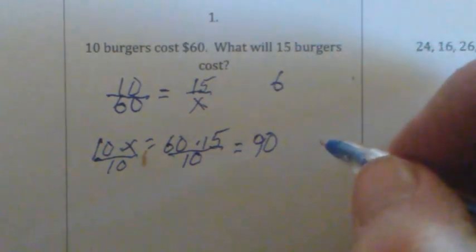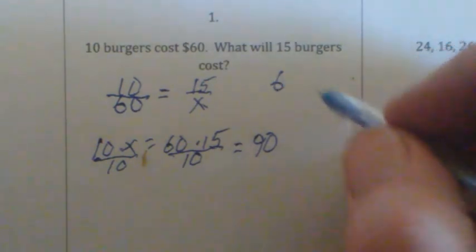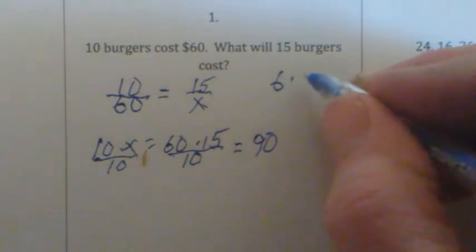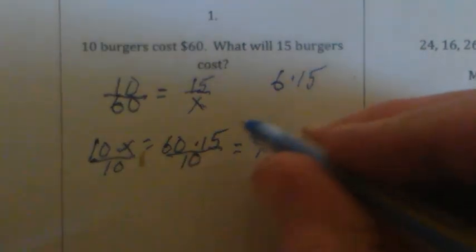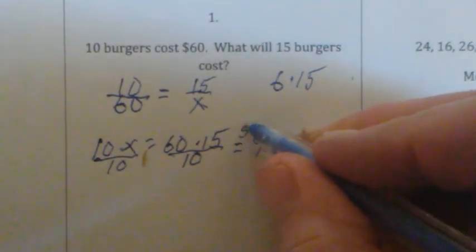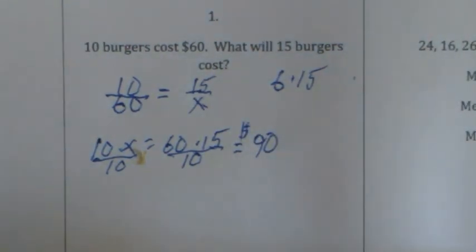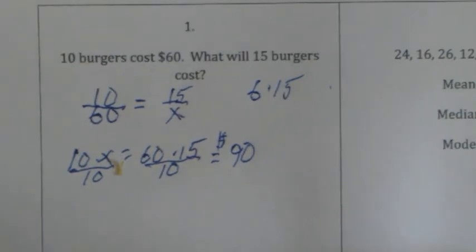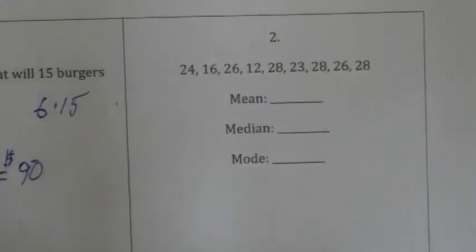And you want 15 burgers. How do you find the cost of 15 burgers? If each one is 6, you multiply 6 times 15, and that would give you $90. Just using your common sense. Pretend it's a real world problem. Often you can solve them once you think of them as a real problem you really face in the real world.